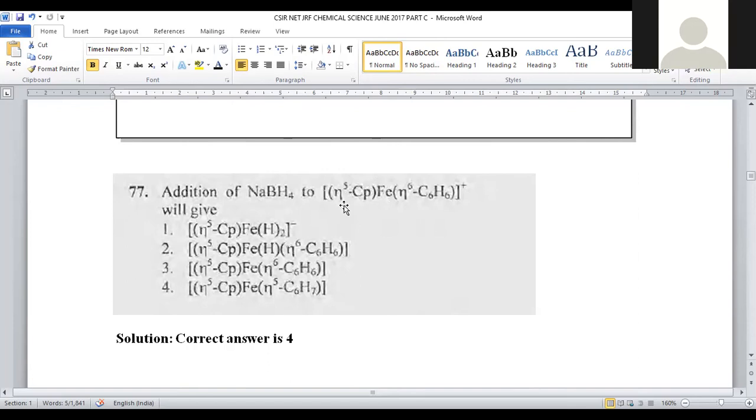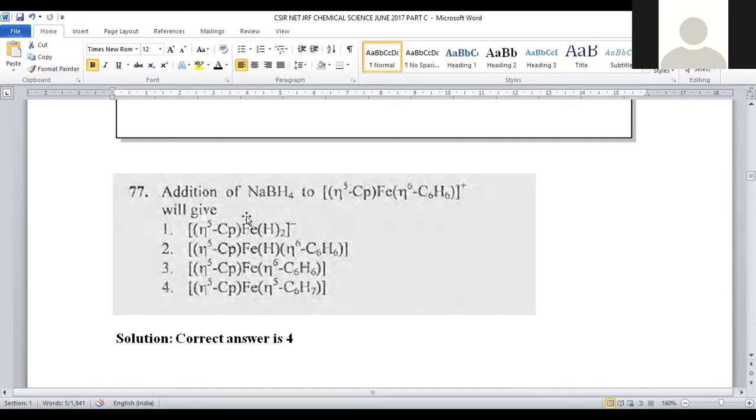The cyclopentadienyl anion ring contributes 5 electrons to the bond with iron, and this η6 benzene contributes 6 electrons. Eta stands for the number of electrons donated to the central metal. Upon treating with sodium borohydride, a good reducing agent which releases H minus, whenever H minus is added to a monopositive complex, it will become neutral.